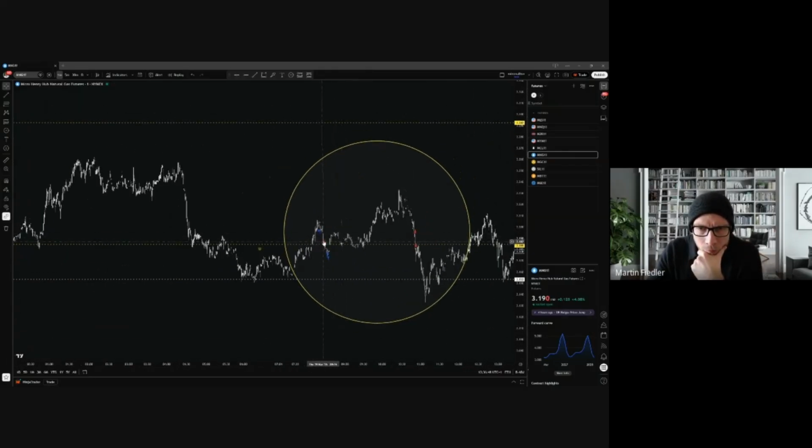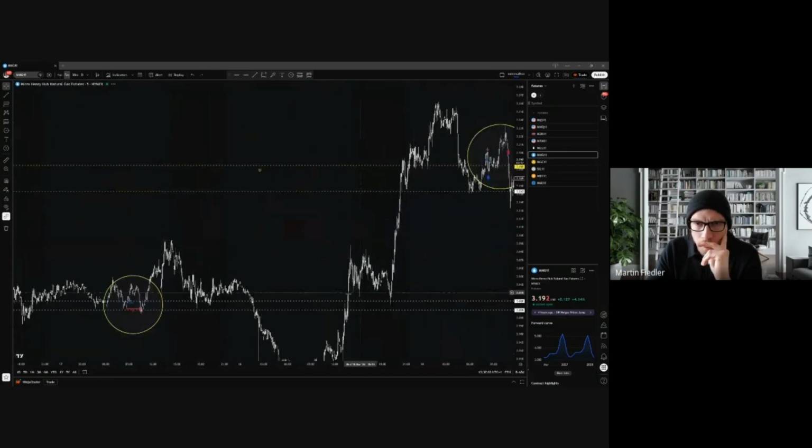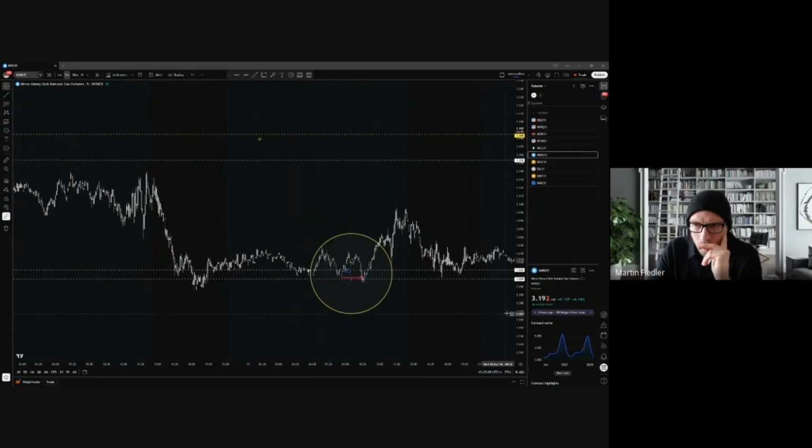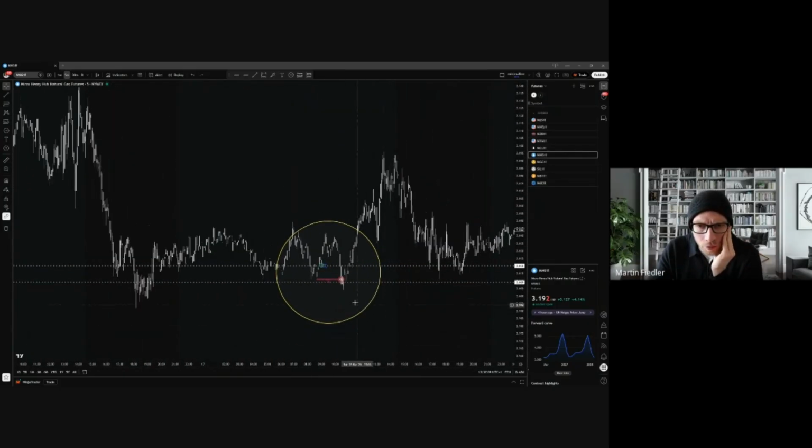Yeah, this was the double bottom-ish. I got long here.